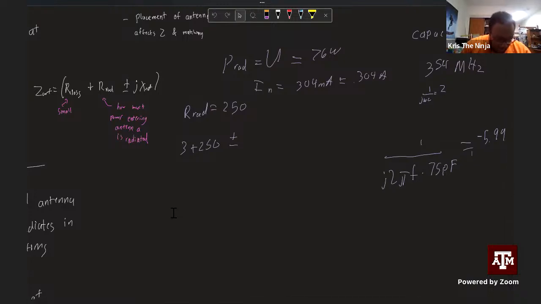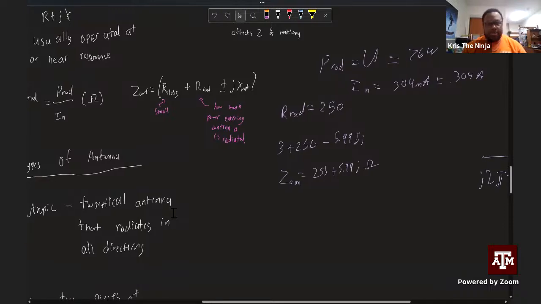So minus 5.995 J, and that equals the impedance of the antenna equals 253 plus 5.99 J ohms. So that's how that's solved.